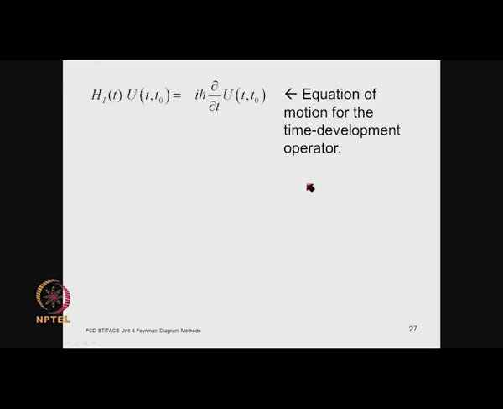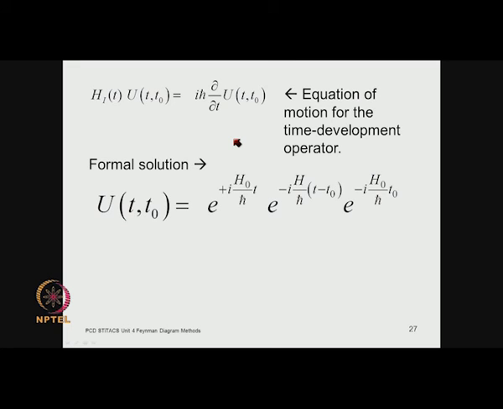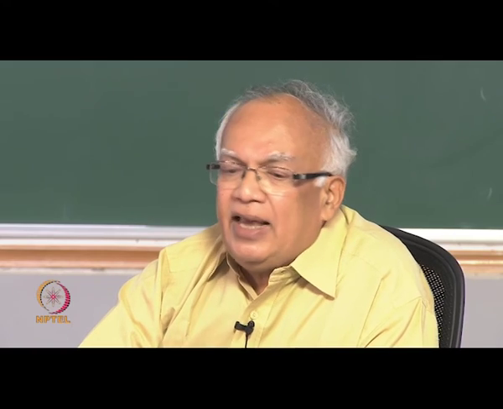So, this is the equation of motion for the time development operator now, and it has got a formal solution which we have just seen, which is given by this product, and this is where I will take a break and stop for the day, and we will continue from here in the next class.